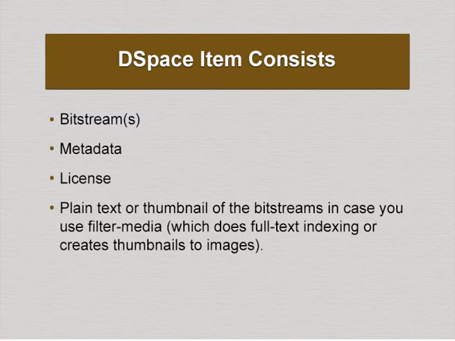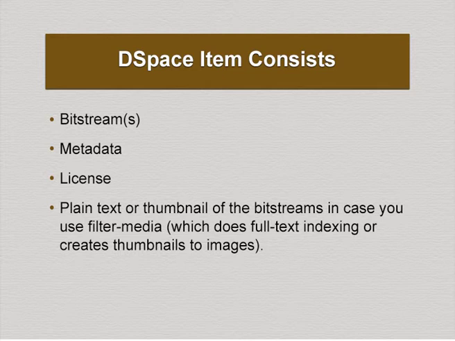Then, a DSpace item consists of Bitstreams, metadata, license, and sometimes a plain text file. For example, if you have uploaded a PDF file, you may want to generate a full text index of that PDF file, provided the PDF file is not images of the pages, but is converted into text using some OCR, or is even a born digital document.